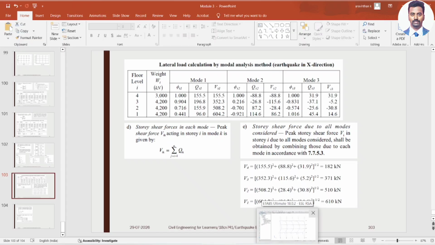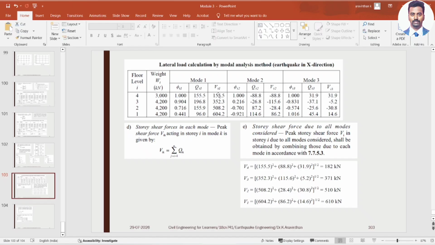Due to the modal change, the value we derive due to theoretical analysis we will be multiplying with mode shape Q and this V value.